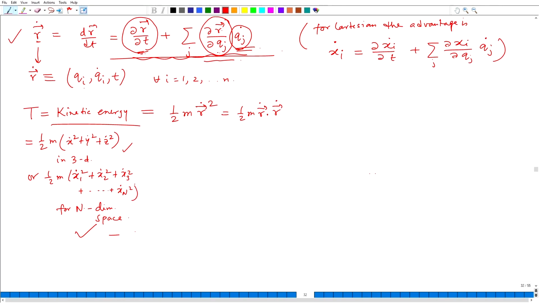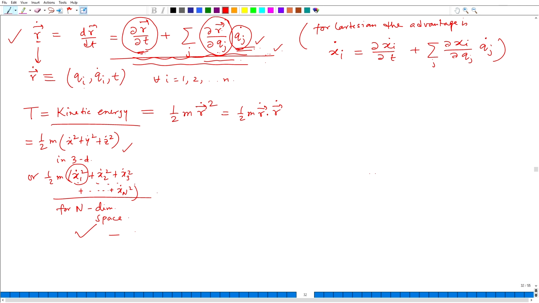I am just trying to say that if you know the expression of every xi dot in terms of time, the generalized coordinates and generalized velocities, then you should be able to write the expression, and I am writing it now.